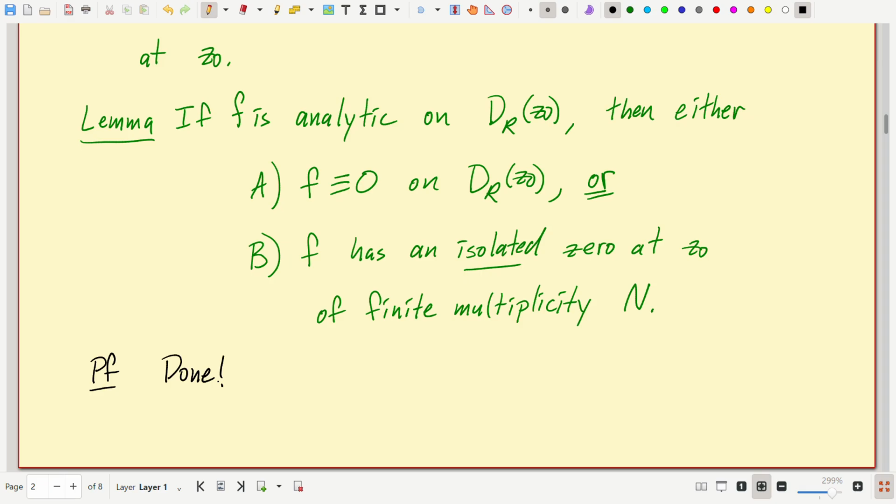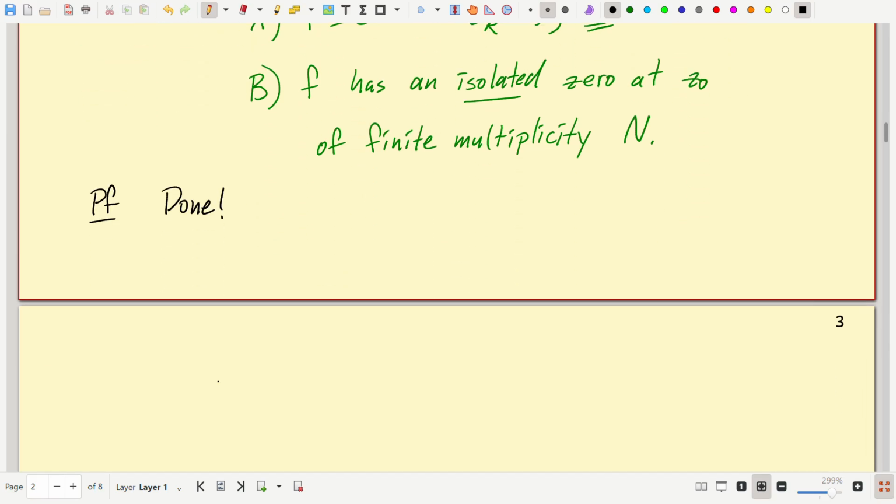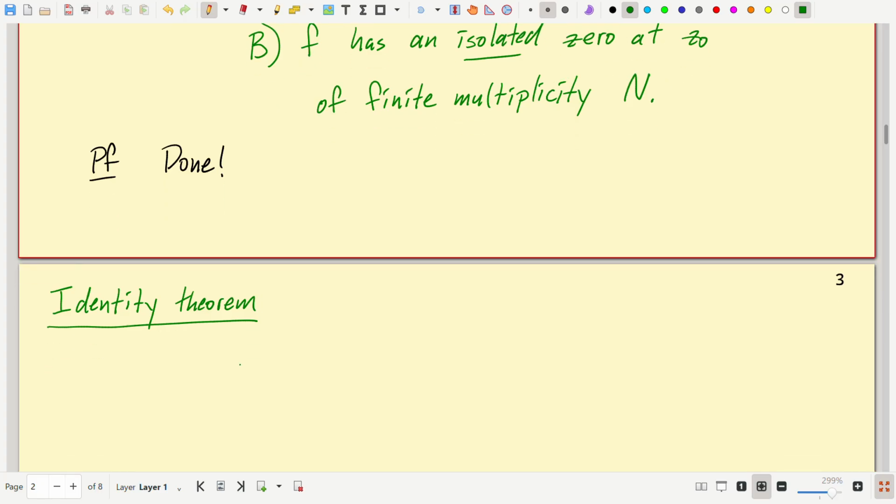And now I claim this is going to give us a very famous thing about analytic functions called the identity theorem, which is surprisingly important. Let's suppose f is analytic on a domain, omega.